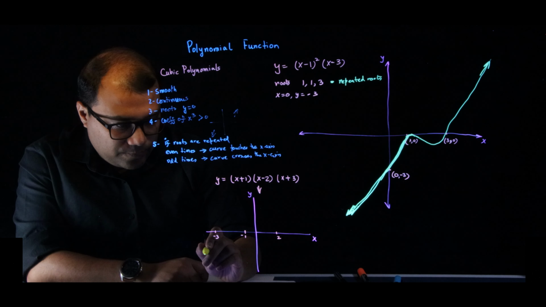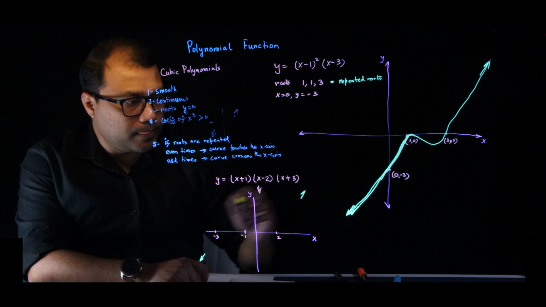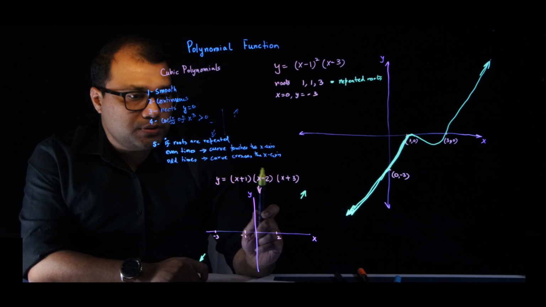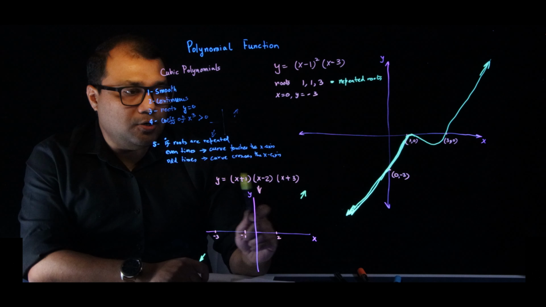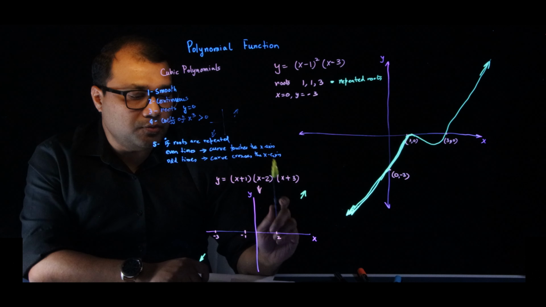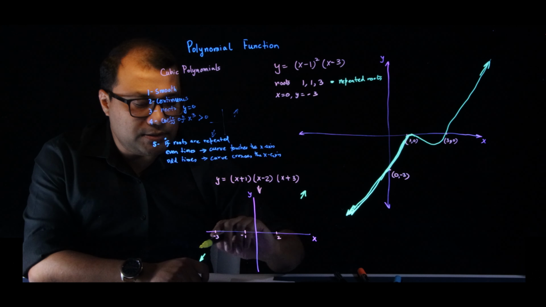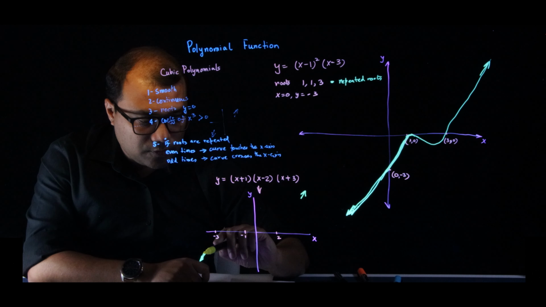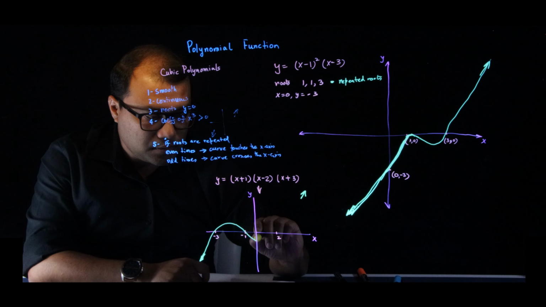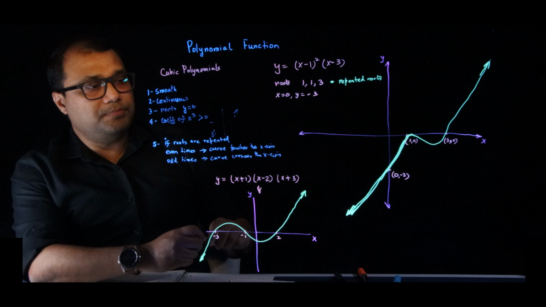So the graph must be ending here and it must be ending here. There are no repeated roots. Each of these roots occurs only one time. So the curve crosses the x-axis at these roots. So we can draw a curve like this. Pretty simple.